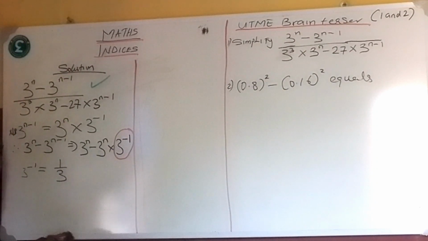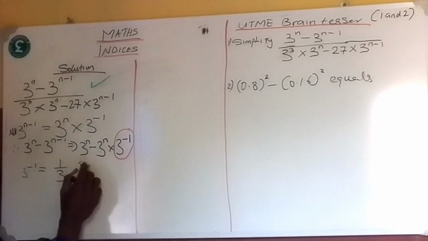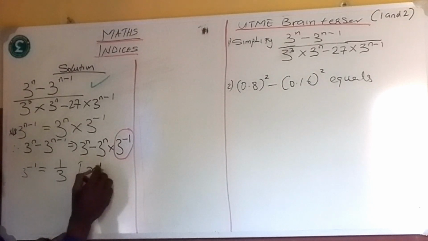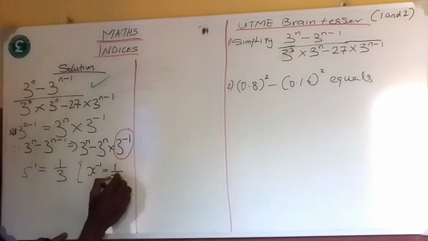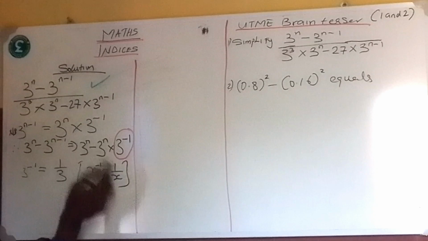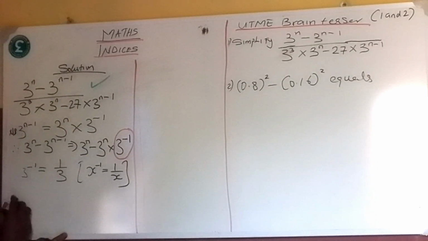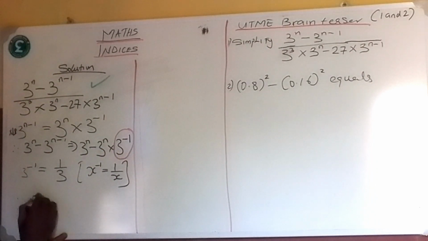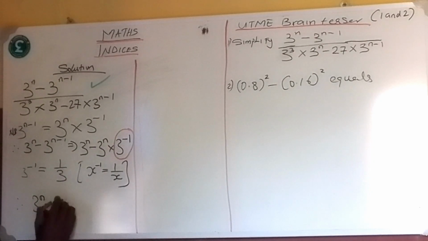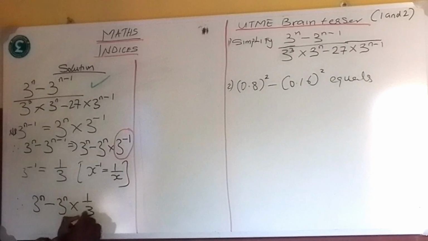Where did I get that from? From the rule of negative index, which states that x to the power of minus 1 is the same thing as 1 over x. That's where I got this from. Now, my new expression becomes 3 to the power of n minus 3 to the power of n times 1 over 3.